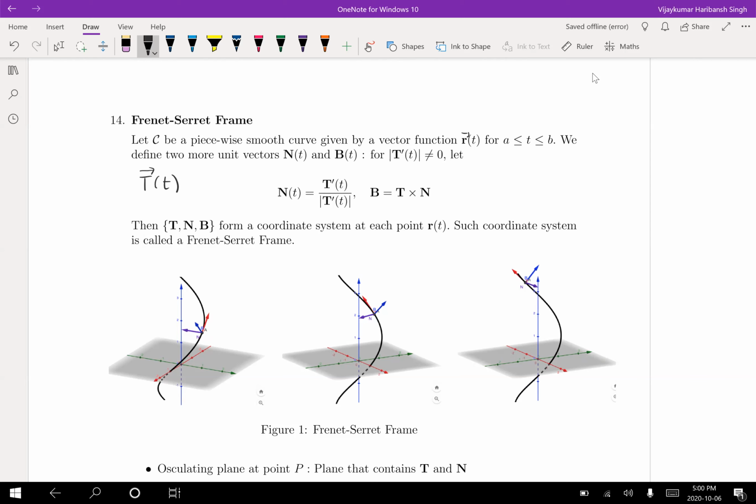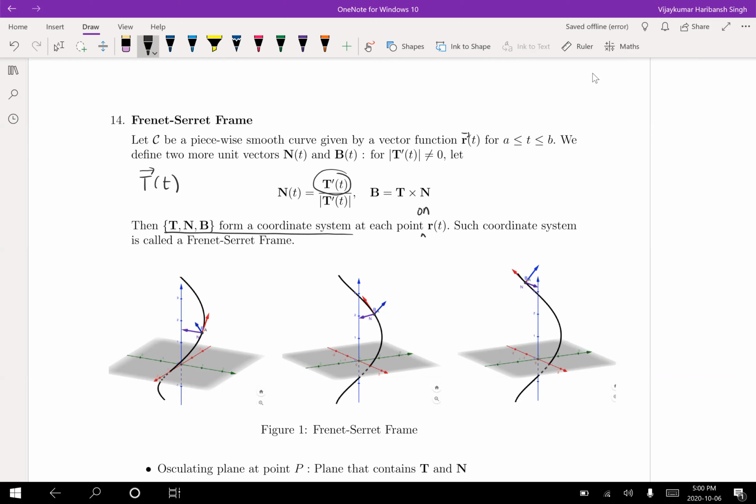The normal is defined to be the derivative of the tangent divided by its length. And then the binormal is the cross product of the unit tangent vector times the normal. So these three things form a coordinate system for each point on r of t.